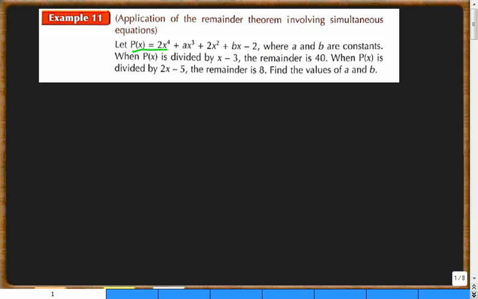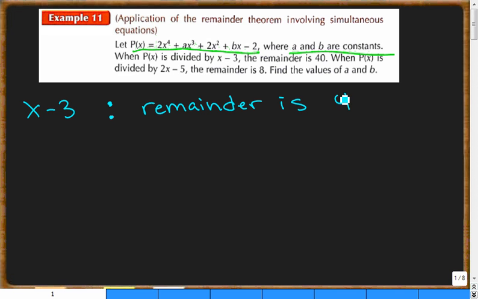So it says that we have p of x equal to 2x to the fourth plus ax cubed plus 2x squared plus bx minus 2, where a and b are constants. When p of x is divided by x minus 3, the remainder is 40. So we know that for x minus 3, our remainder is 40.